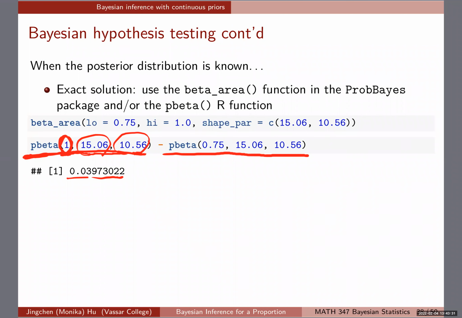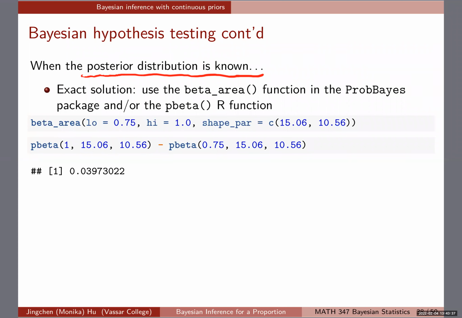Okay. And I actually want to also mention we're able to do this because we already know exactly what the posterior distribution is. We know it's a beta. We know it has shape parameters 15.06 and 10.56. And because of that, you're able to use either the beta area function or the pbeta function, and later we're going to see other examples of the other types of beta functions in R that you're able to use, as long as we know what the posterior distribution is.